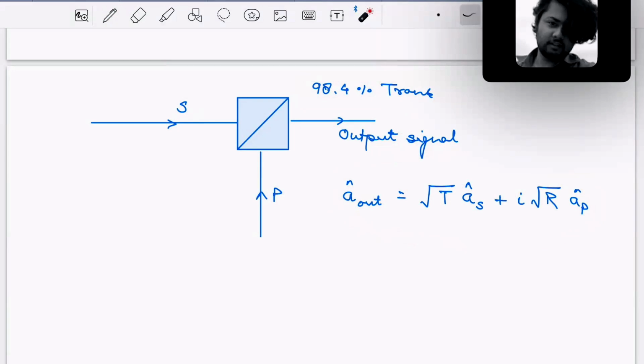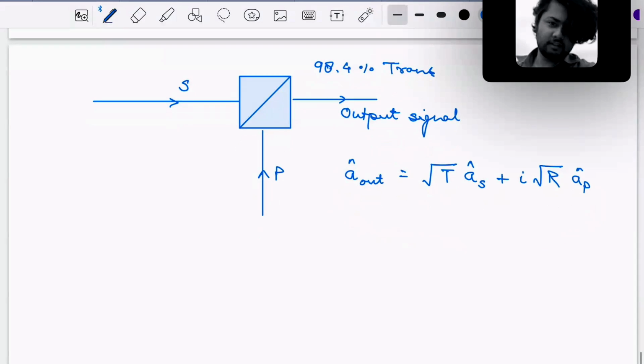Because the transmittivity of this beam splitter is very high, we are effectively measuring the Wigner function of our signal only, because most of what we are getting is from the signal. And what's the role of this probe here? This probe is used to displace our signal.